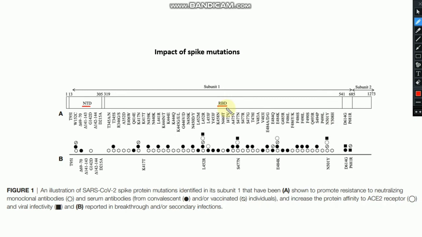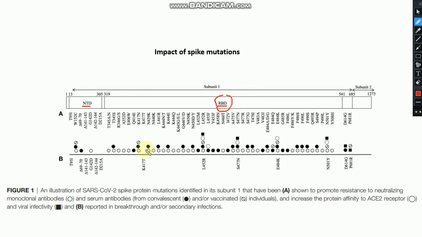In the RBD part, we know that the RBD is mostly important for binding with the H2 receptor. The main function of the NTD is fusion with the cell membrane, and the RBD binds with the H2 receptor. So the RBD is responsible for higher infection. If a mutation happens in the RBD, it increases the infection rate and the transmissibility.